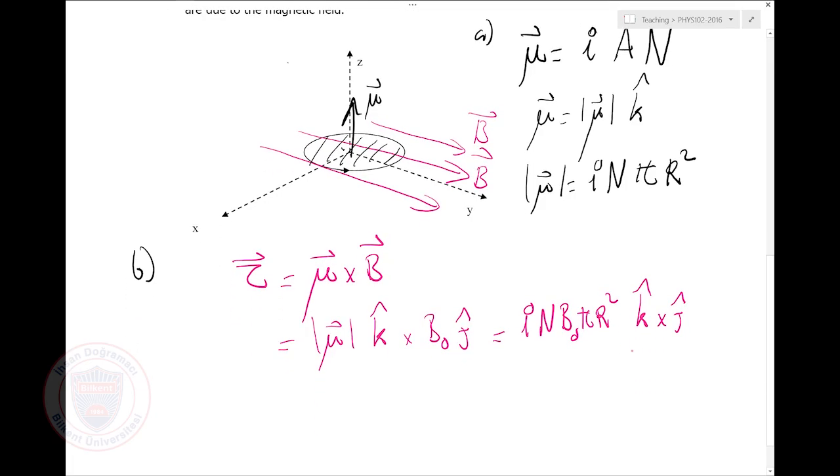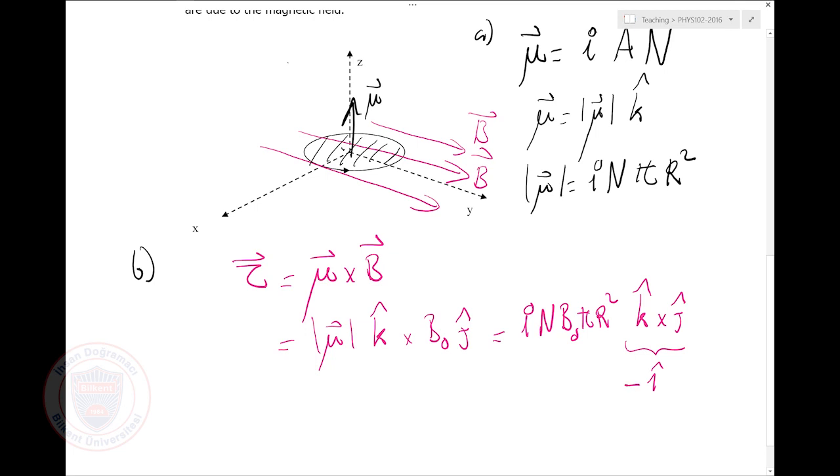Well, you may remember that it's I hat, or if you don't remember that, k hat is along the z direction, J hat is along the y direction. So k hat cross J hat is not I hat, it's minus I hat. Okay, be very careful. If it was J hat cross K hat, that would be I hat. So this is minus I hat direction.